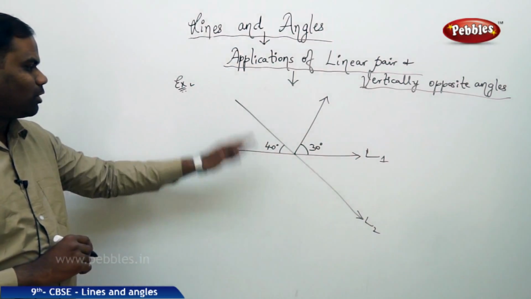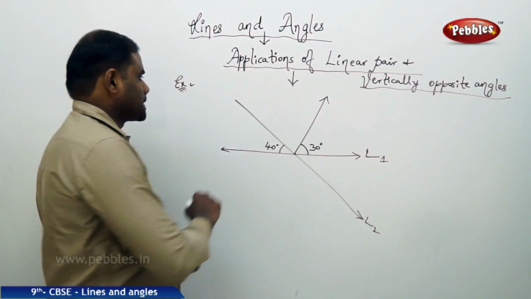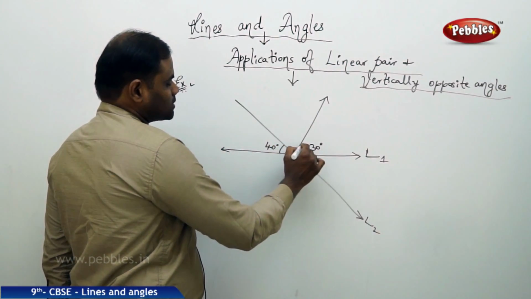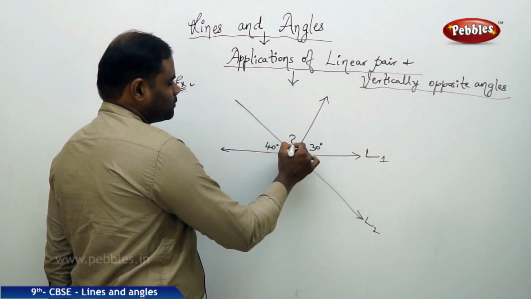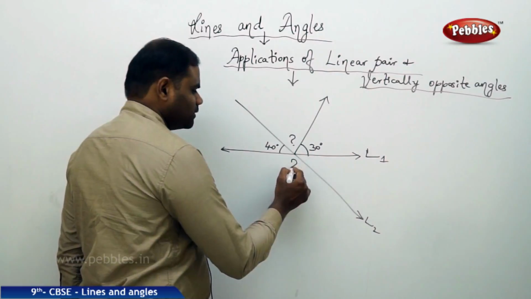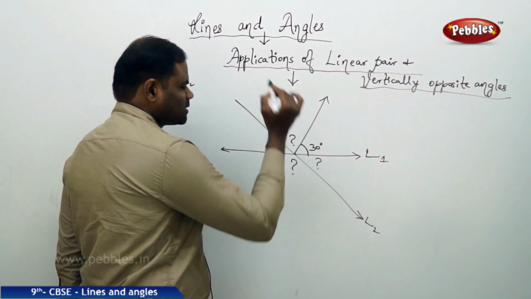So here I have a problem which says this angle is 40° and this is 30°, and I need to find this angle, and also I need to find this angle and this angle.